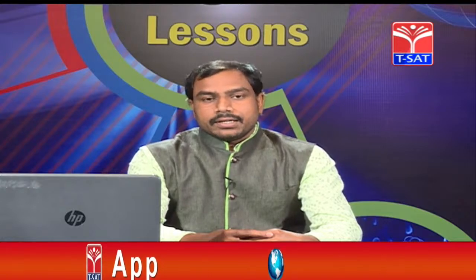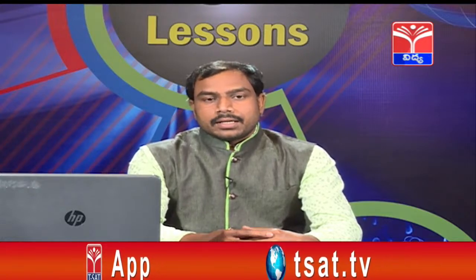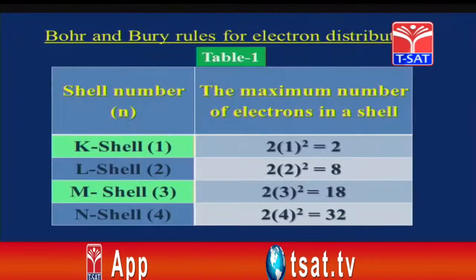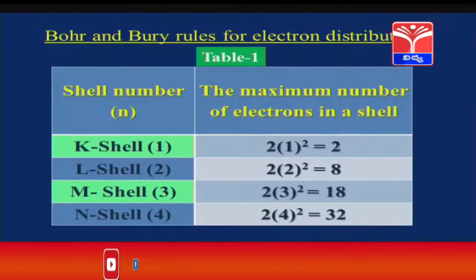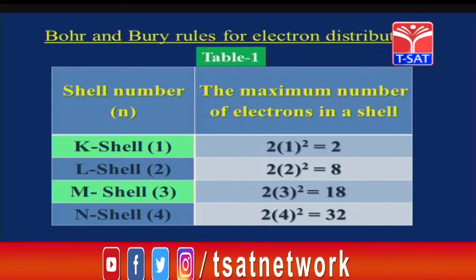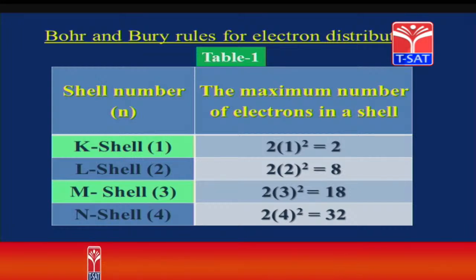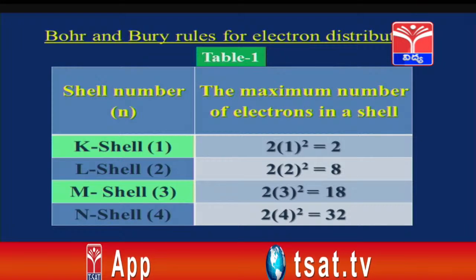In the similar way, let us find out in other shells. N equal to 2, that is L shell. In L shell, 2 into 2 square equal to 8 electrons are accommodated. And in M shell, n equal to 3, 2 into 3 square equal to 18.